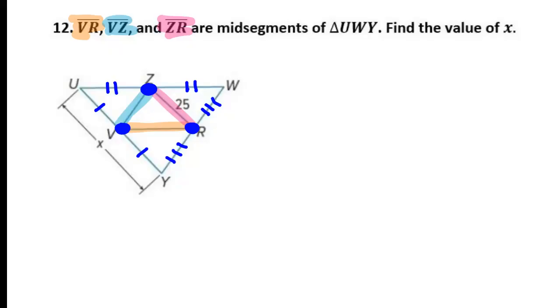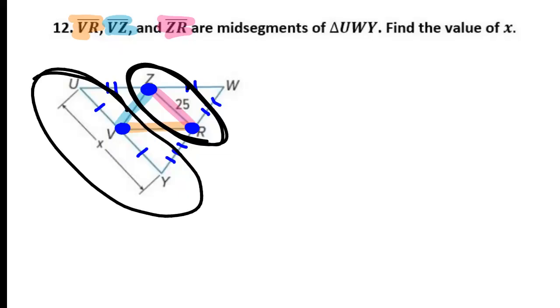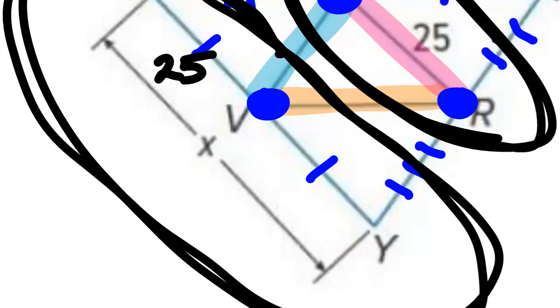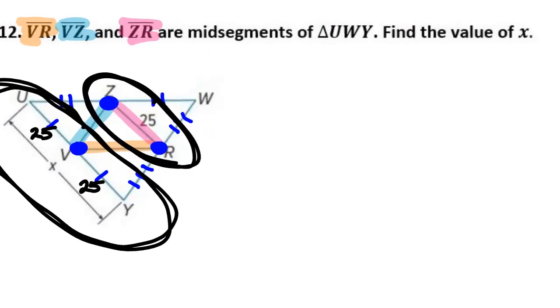Now, when we learned about mid-segments of triangles, one of the special properties that we learned was that a mid-segment and the side of the triangle that it is parallel to, so this one right here, the side of the triangle is twice as big as the mid-segment. So if my mid-segment is 25, each of these little segments here would be 25 because it's twice as big.